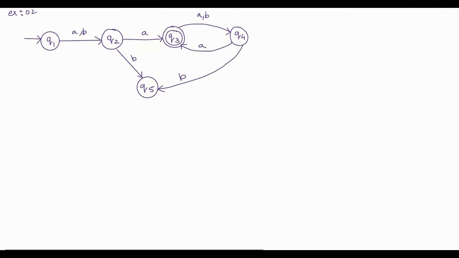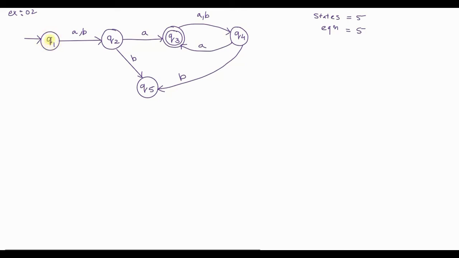Welcome back. In this example number 2, I have taken a DFA which has 5 states. So the number of equations also will be 5. In the previous example, the initial state Q1 was also the final state, and that's why we said that the final answer you will get in equation Q1.